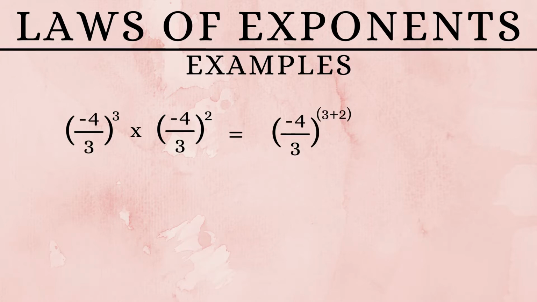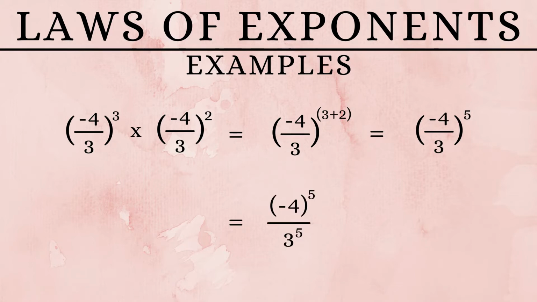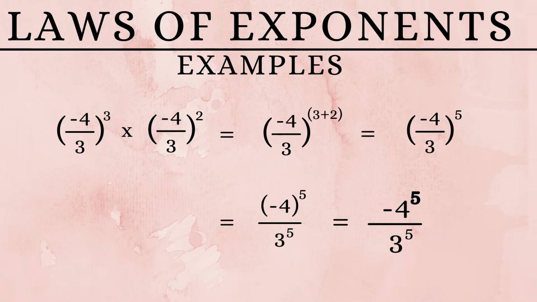So what we get is minus 4 by 3 whole to the power of 5, which can be expanded as minus 4 whole to the power of 5 by 3 to the power of 5, which becomes minus 4 to the power of 5 by 3 to the power of 5. Here, the minus is retained because we have an odd power, 5.